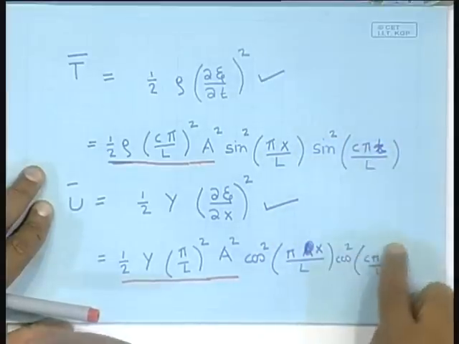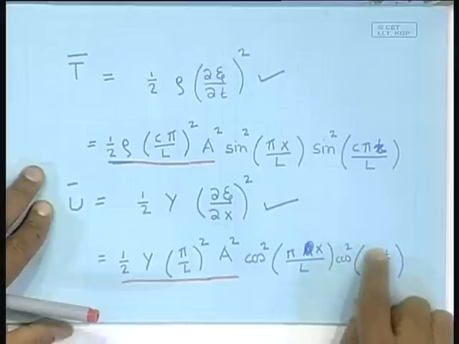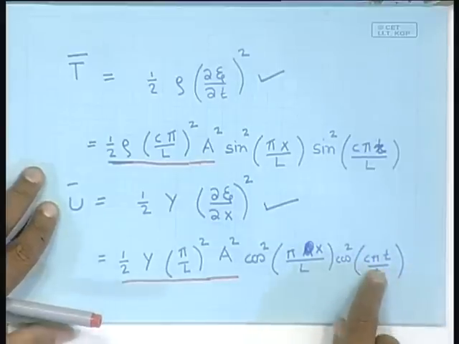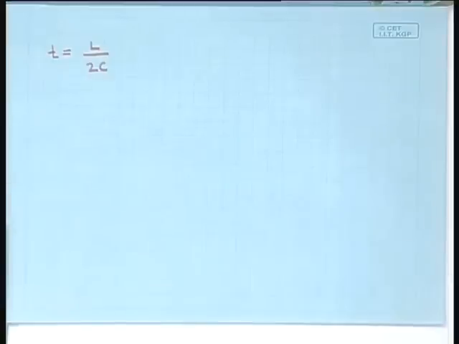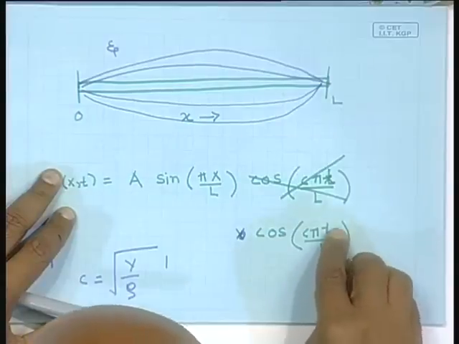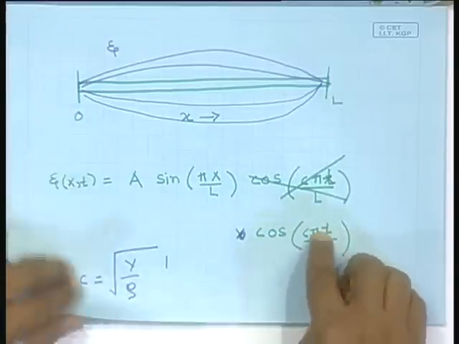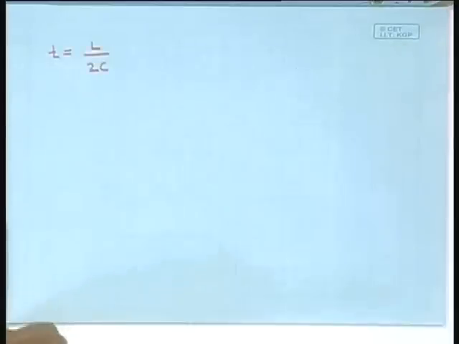The potential energy also has argument pi by 2, cos square of pi by 2 is 0. So, the potential energy per unit volume now becomes 0. And first let me draw the vibration, the displacement pattern in the string. At t equal to L by 2c, this becomes pi by 2. So, the displacement is exactly 0 everywhere.